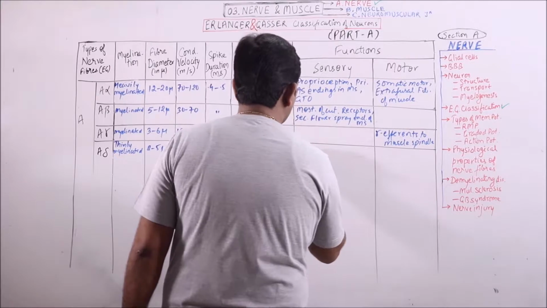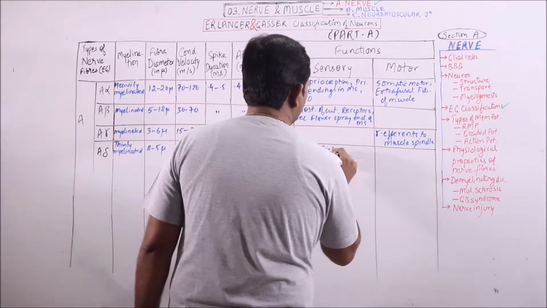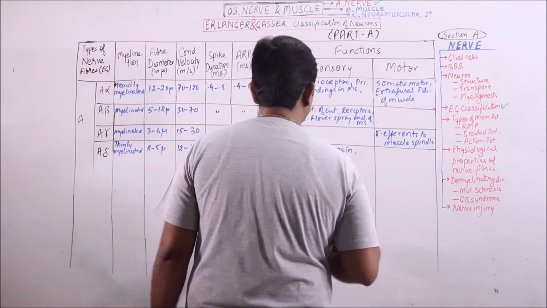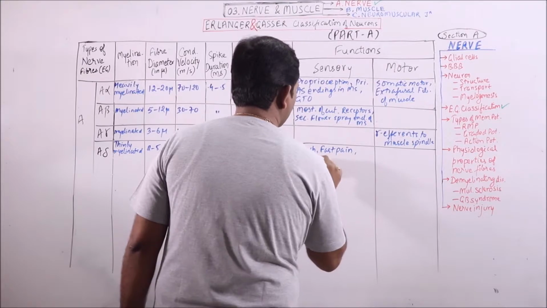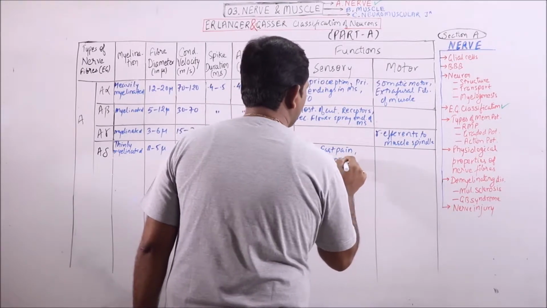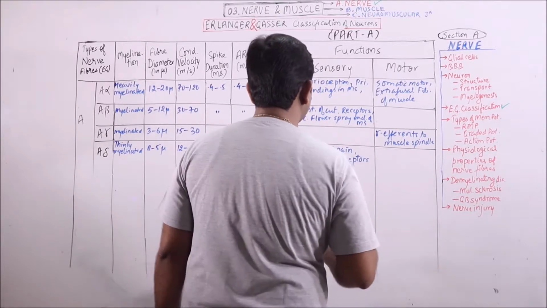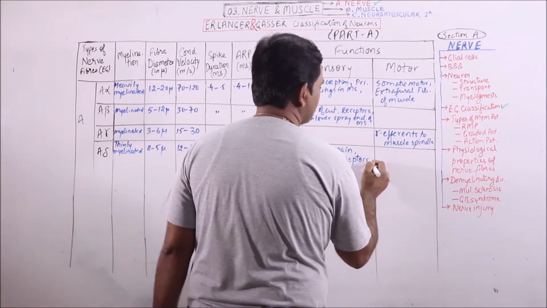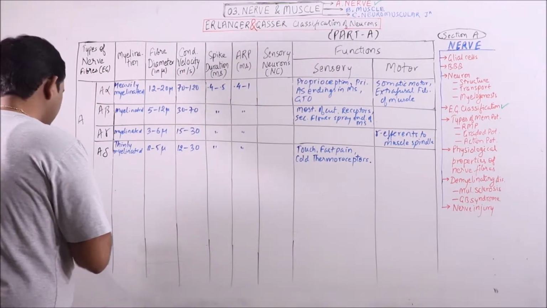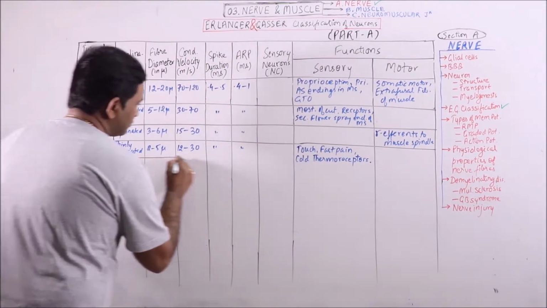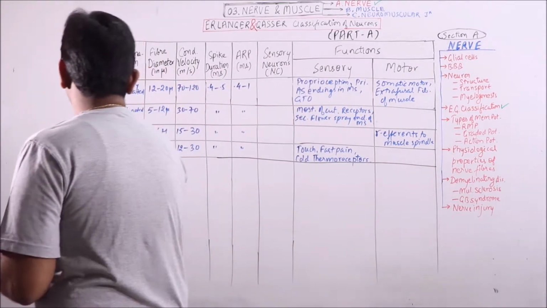And the functions are related to touch, fast pain and cold thermoreceptors. Motor functions are not there. So this is concluding the A type of fibers.